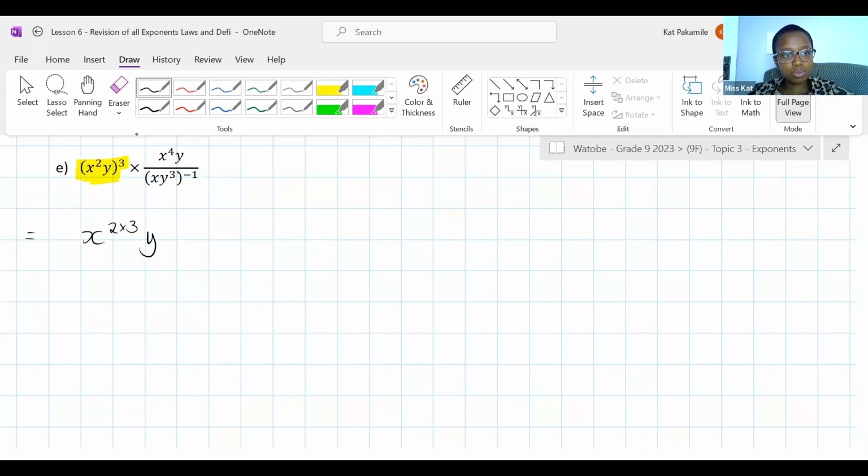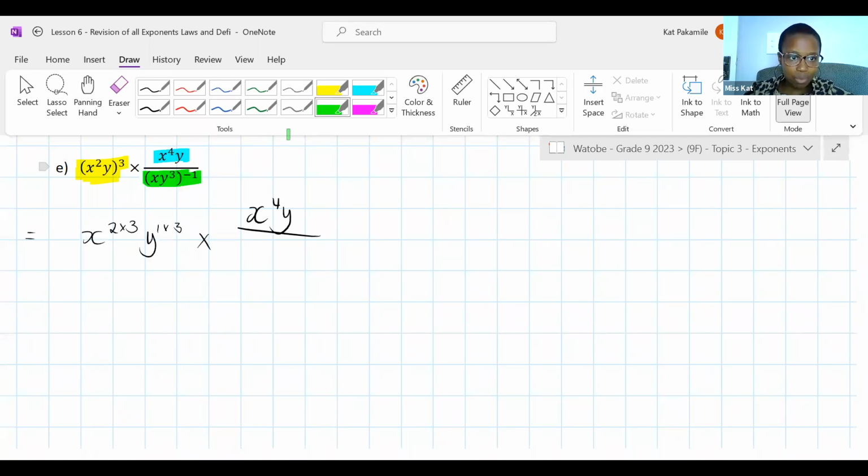There is no exponent, so it's 1 times 3. Can we do anything to this numerator? No, it stays the same, so you just rewrite it. Beautiful, Rabbit.